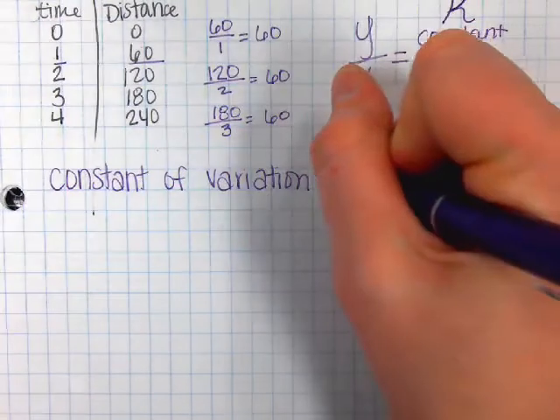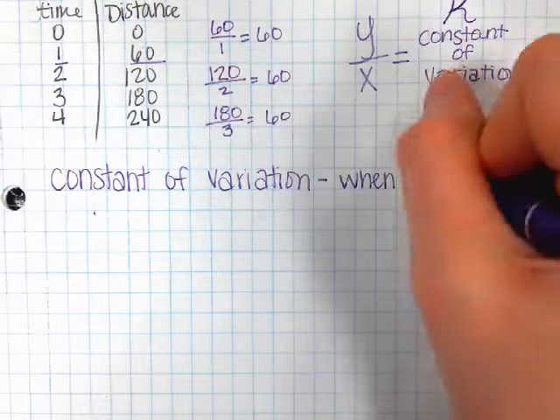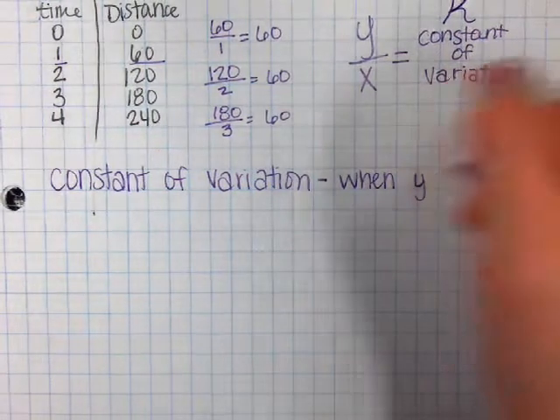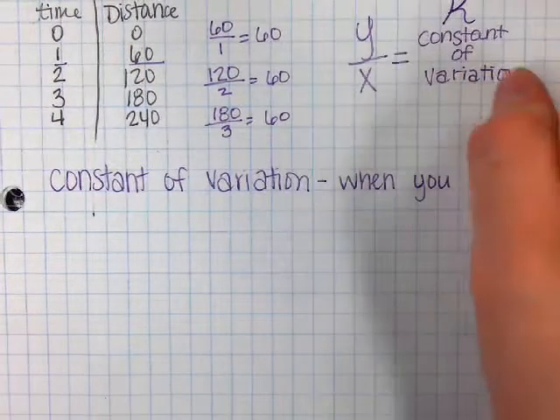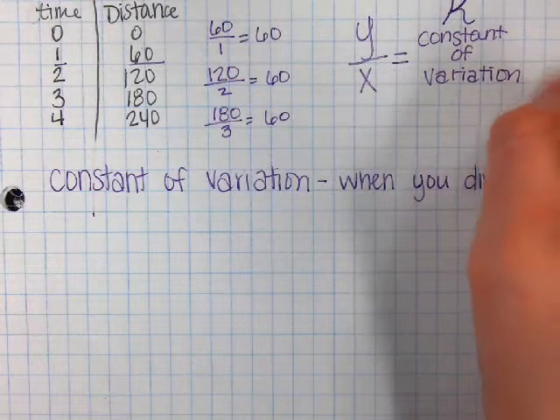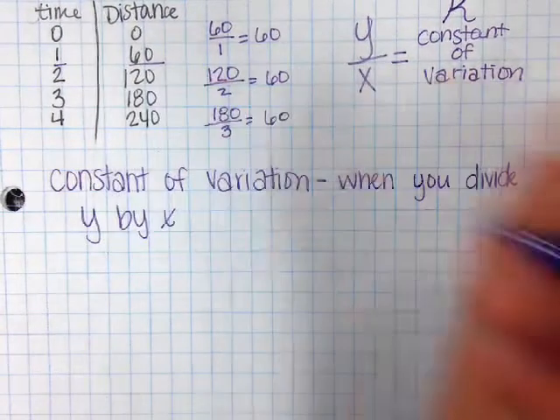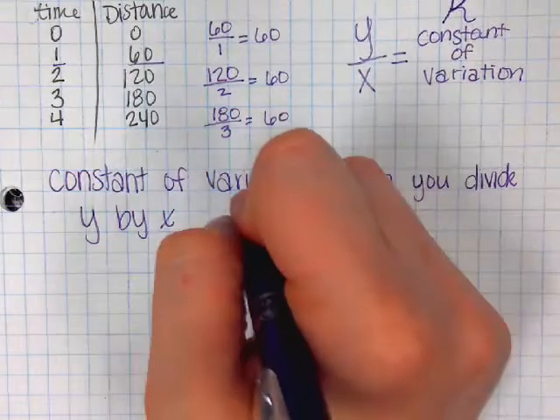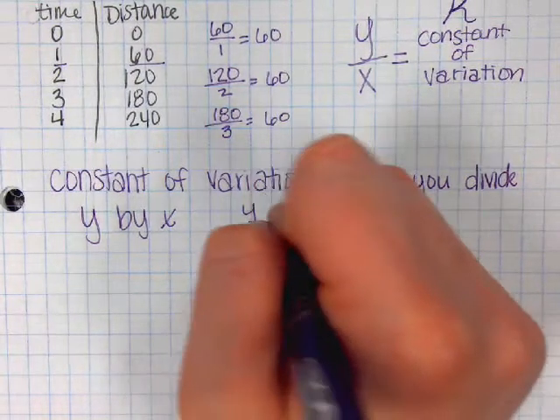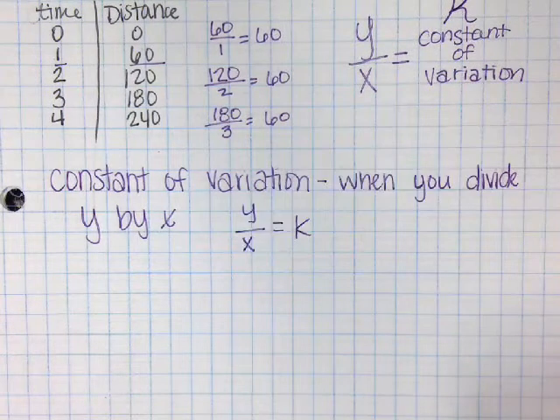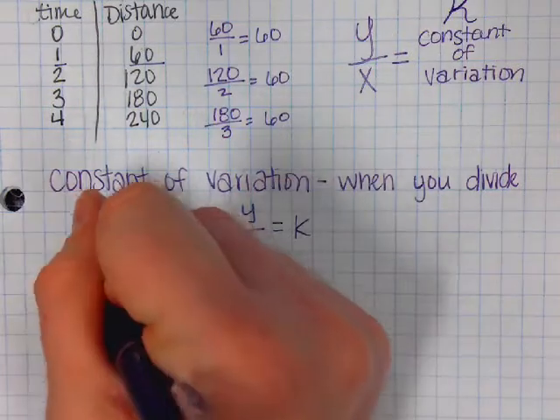Constant of variation is when you divide y by x. So y over x will give you the constant.